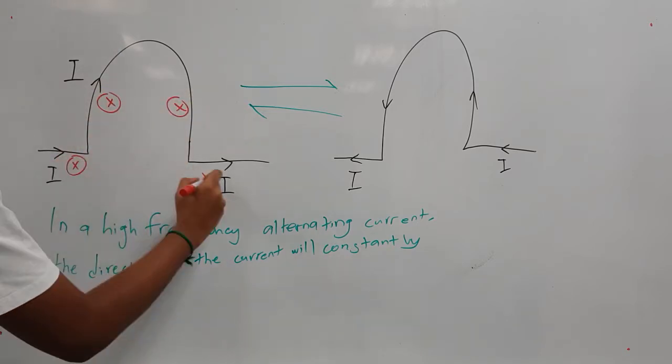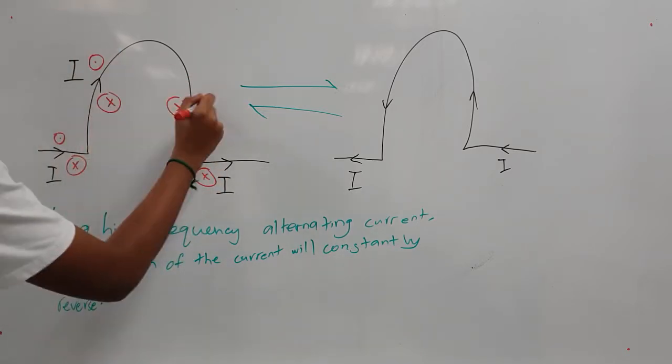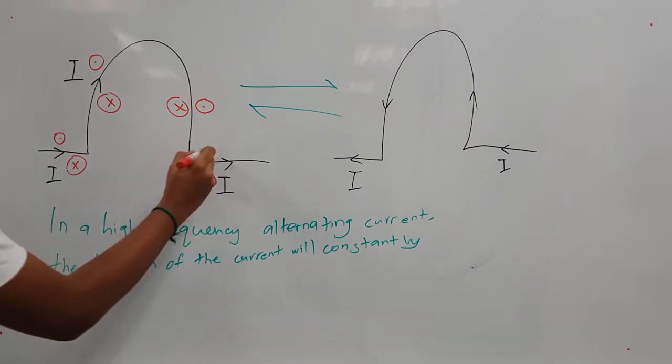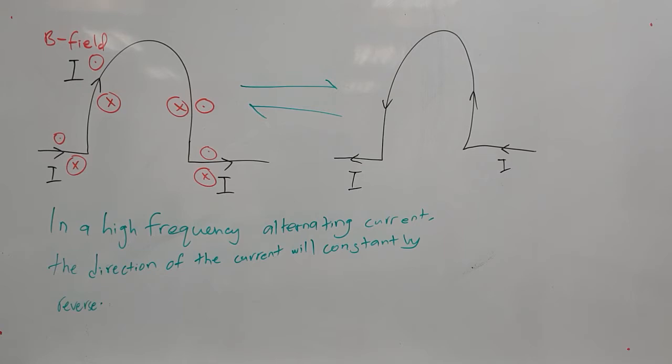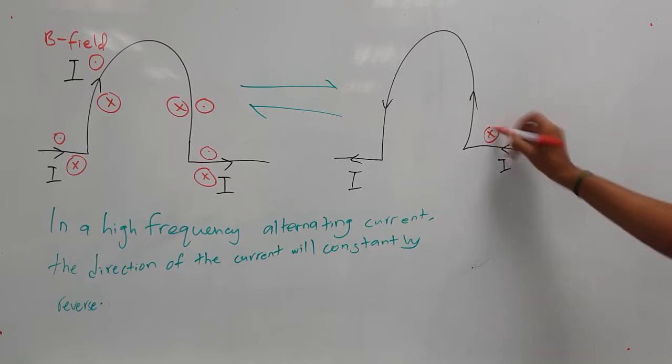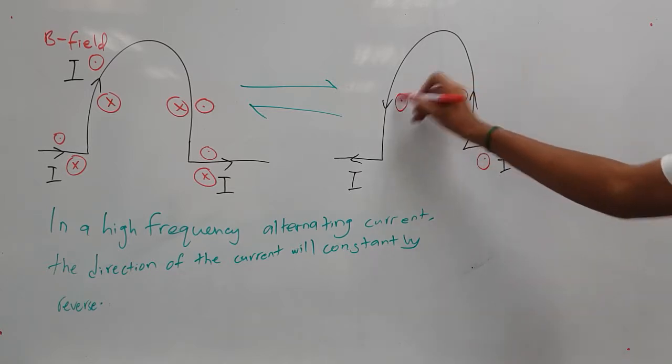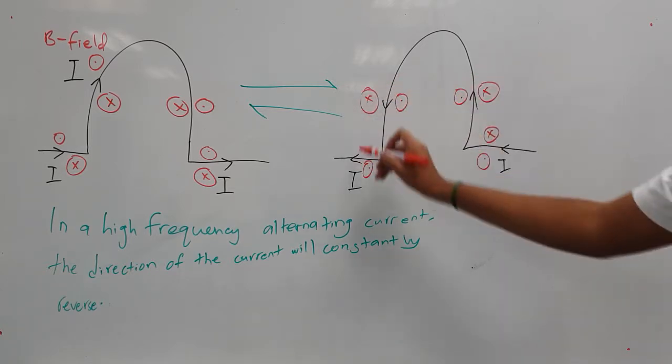Now, let's identify the direction of the magnetic field in each direction of current. Using our right hand grip rule, we can determine that when the current moves from left to right, the magnetic field inside the loop of wire moves into the page.